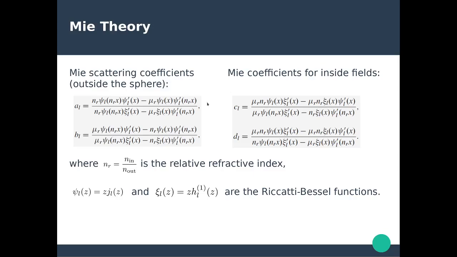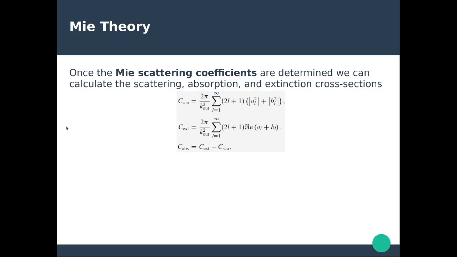Once you have the U and V inside and outside of the particle, you can use those to calculate the vector harmonics, M and N. And then from those vector harmonics, you can calculate the electric and magnetic fields, which are the physical quantities we are interested in. Those coefficients, especially the A and B, are also very important because they allow you to calculate the optical cross-sections that are the properties that we can actually measure experimentally.